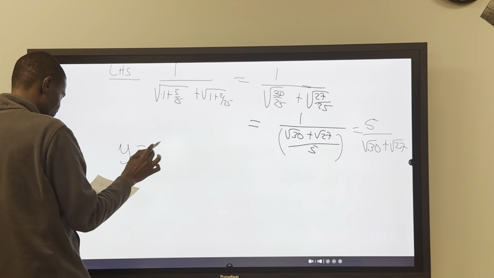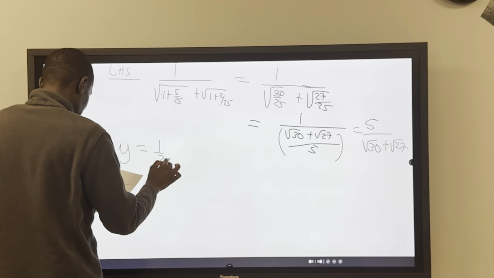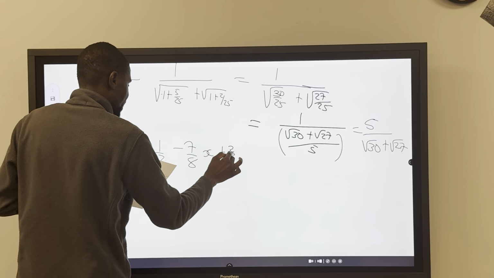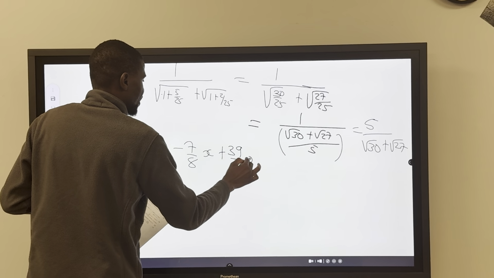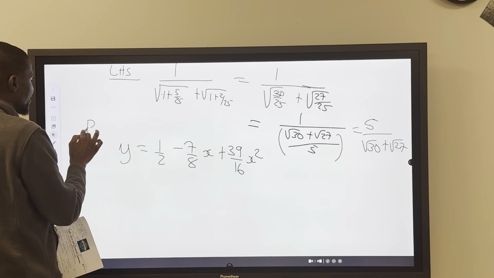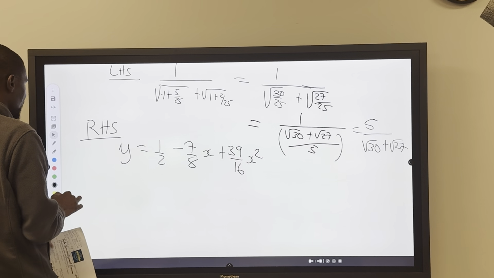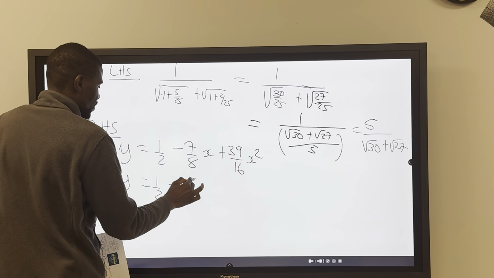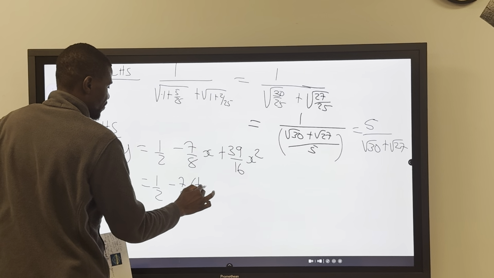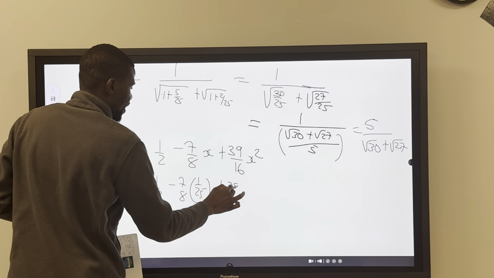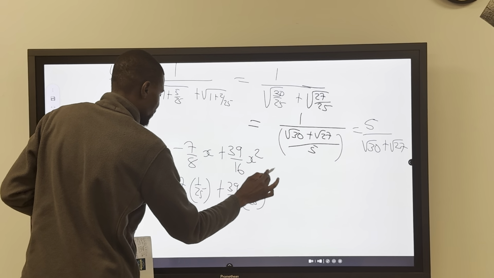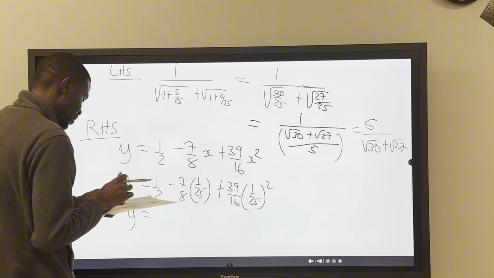So now let's go ahead and plug into that series. So y equal to, remember it's 1 over 2 minus 7 over 8x plus 39 over 16 x squared. That's the right hand side. So now y equal to 1 over 2 minus 7 over 8, 1 over 25 plus 39 over 16, 1 over 25 squared. And let's see what we get.